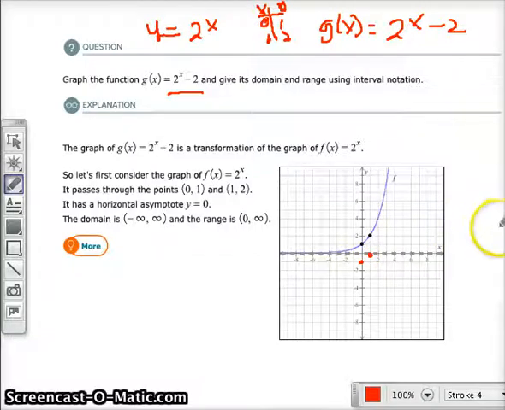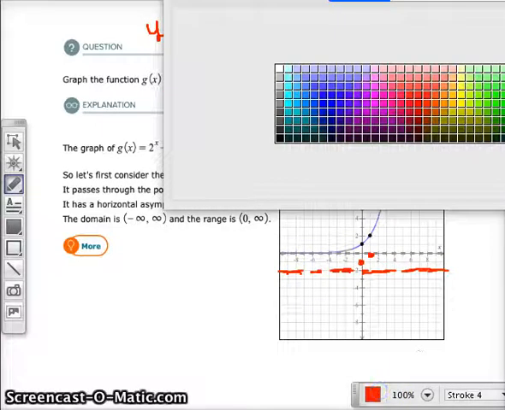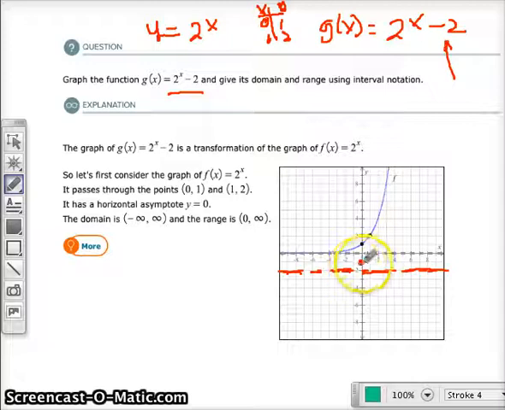Okay? Then another thing we need to know is the horizontal asymptote is moved down 2. So again, these are the points. We got the horizontal asymptote here, okay? And then we got to draw the curve. I'll draw the curve with a different color.